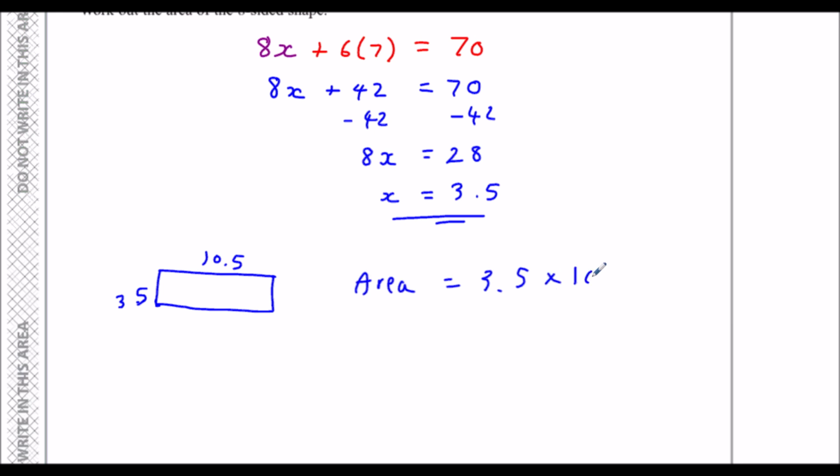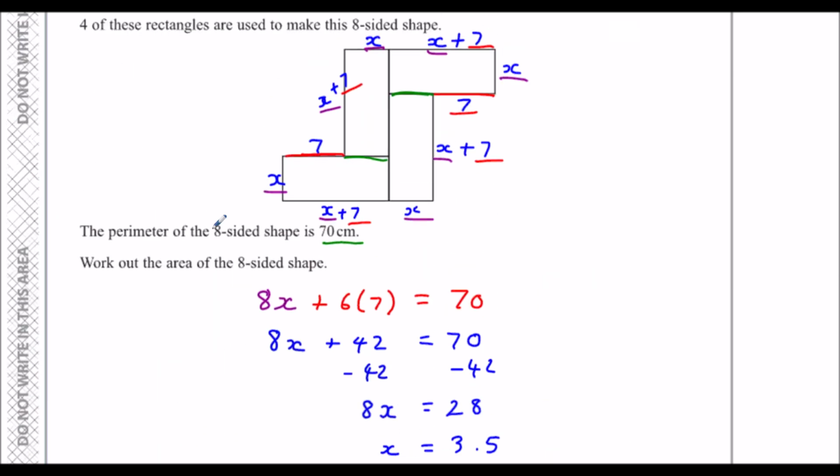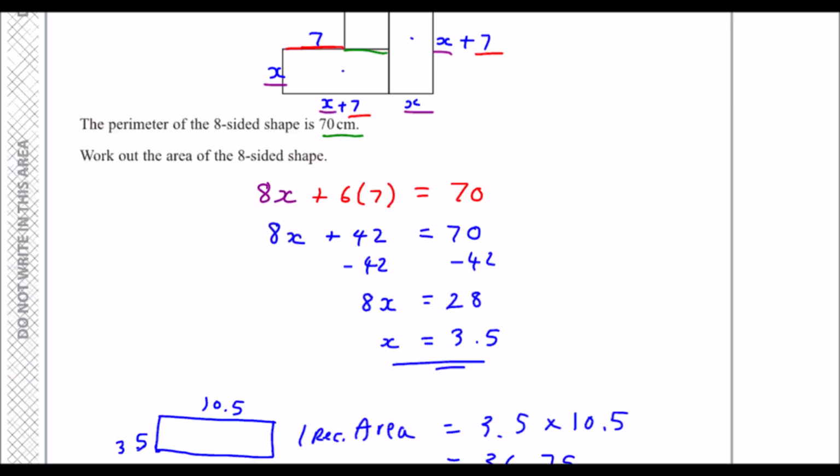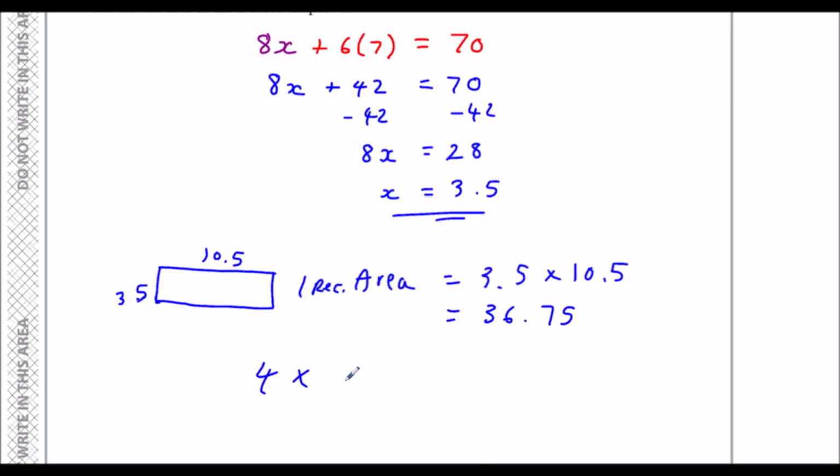Type it in the calculator. So the area of one rectangle, 36.75. But we want the whole shape. So there's 4 rectangles. So 4 times answer. 147 centimeters squared.